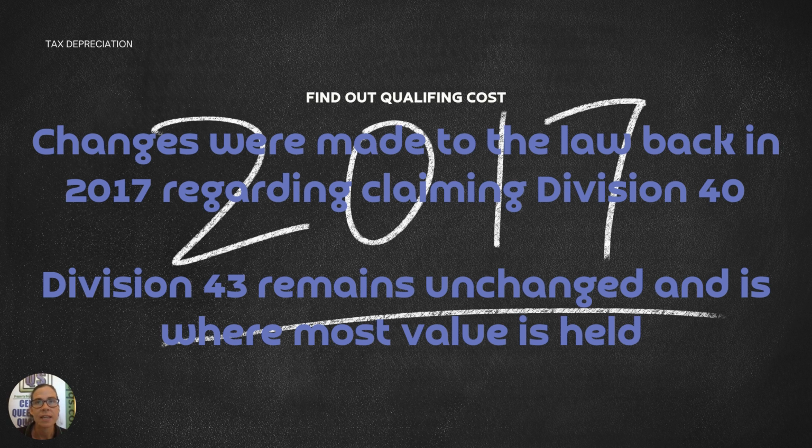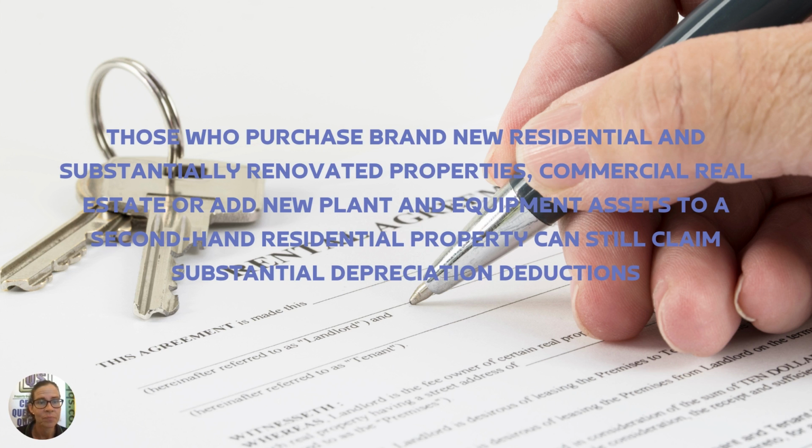So that is handled when you sell the property. So rather than claiming on an ongoing basis, the adjustments and claims can be made when you sell the property later on down the track. So those items aren't lost entirely. Division 43 remains unchanged, and it's where most of the value is held, so that's fantastic.